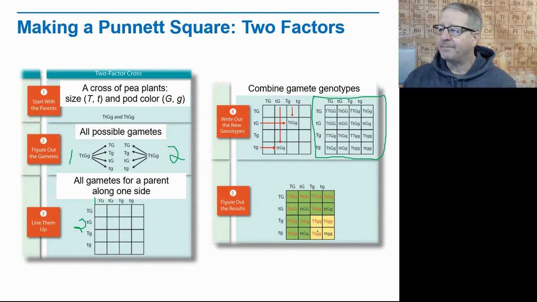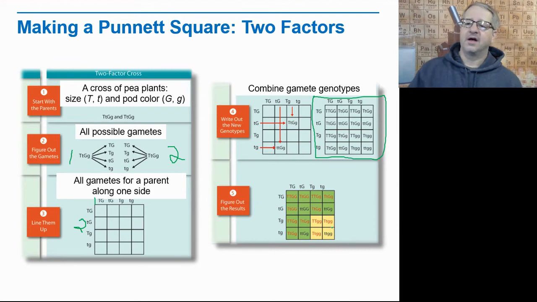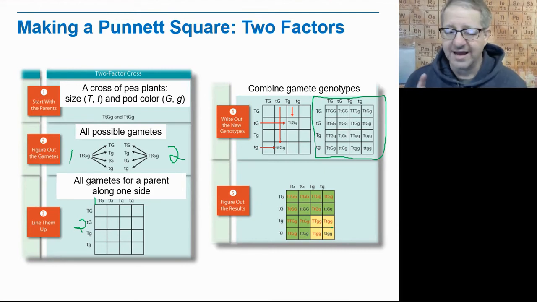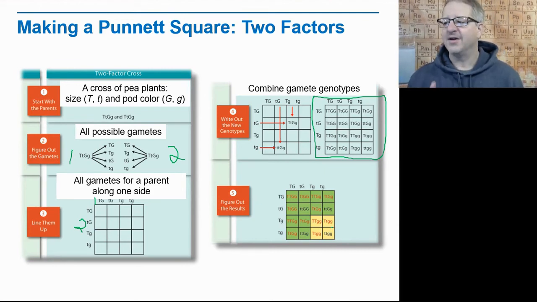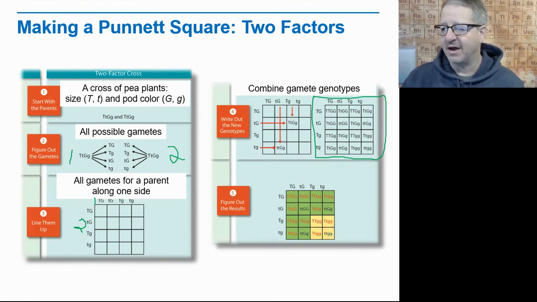But there's a 3 out of 16 chance that you'll have yellow. It's so confusing. You'll have yellow and tall, right? Because the text is red and the background of the box is yellow. So that would be tall and yellow. The black text with the yellow background would be short and yellow. Okay.